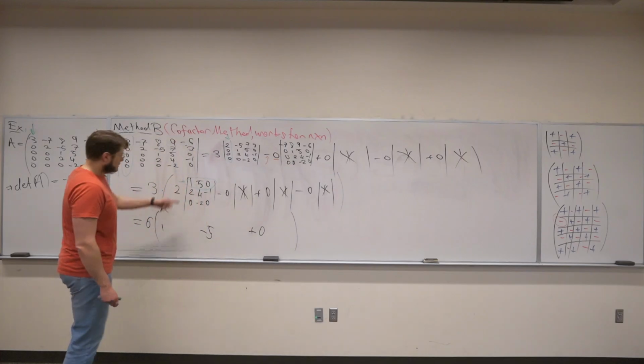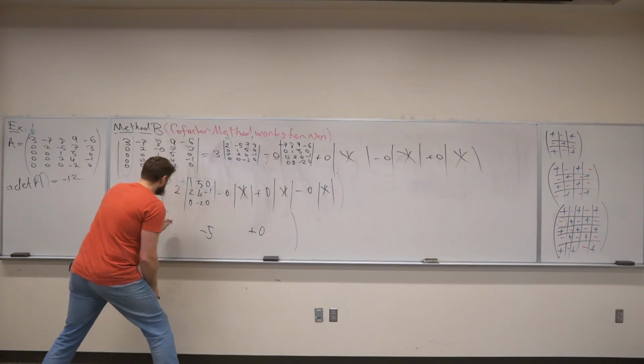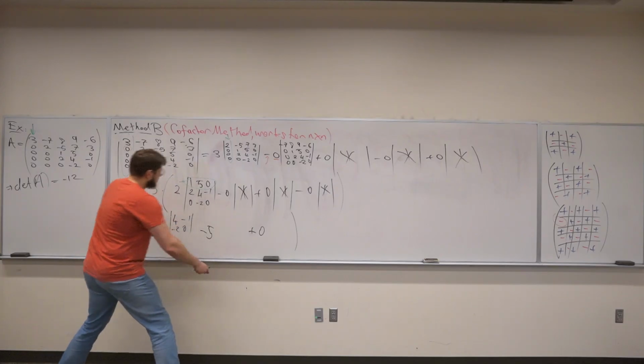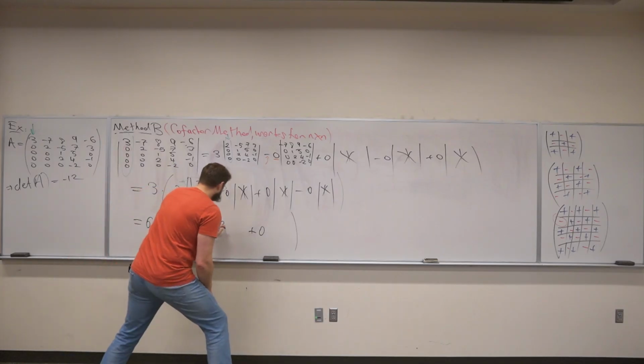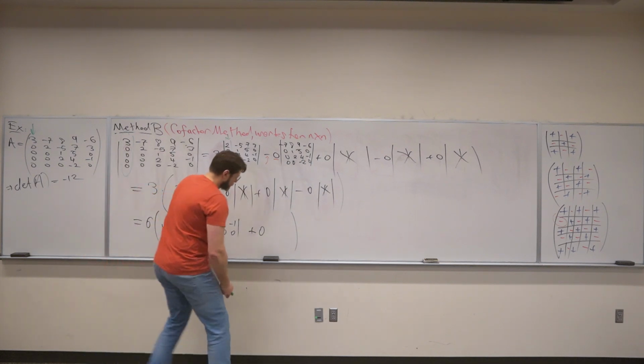If I burn the 1, I get 4 minus 1 minus 2, 0. If I burn the 5, I get 2 minus 1, 0, 0. And then if I burn the 0, I get 2, 4, 0, minus 2.